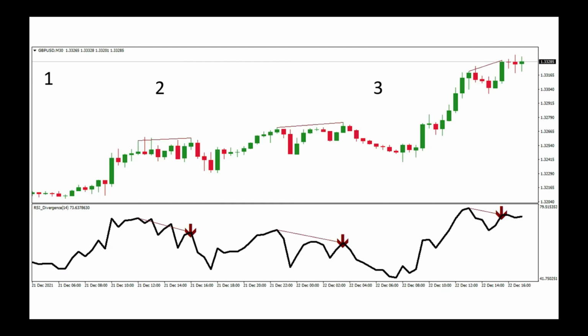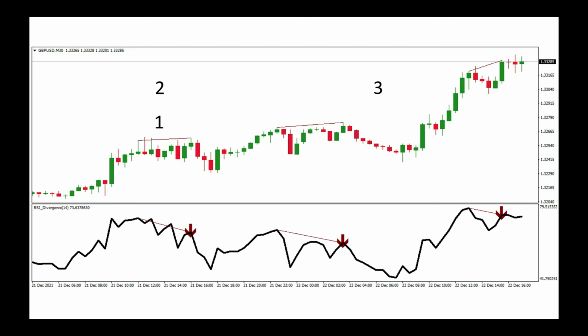So let us see some examples. The first example is, as you can see, a moderate bullish trend on the chart and a strong bearish trend on the oscillator. It's a divergence. And you can see after the bearish arrow, we have a bearish trend for the next few hours.